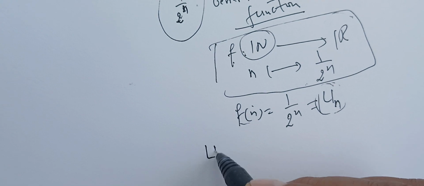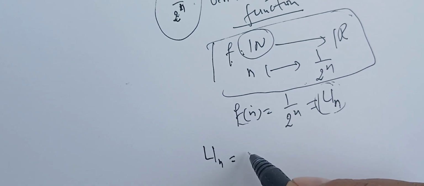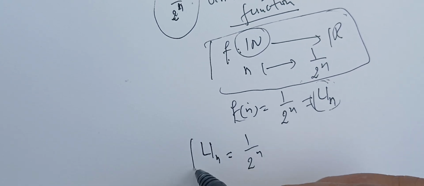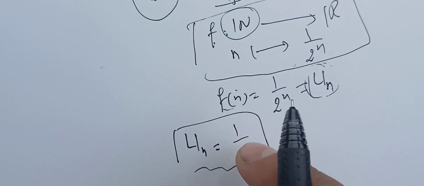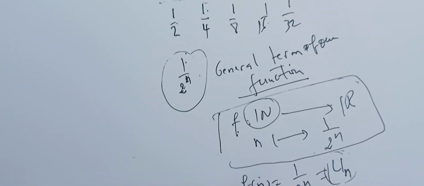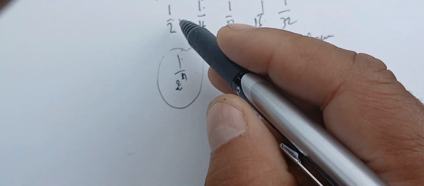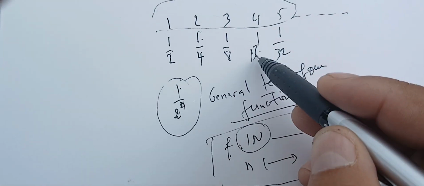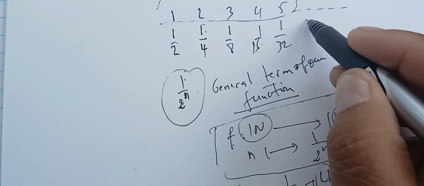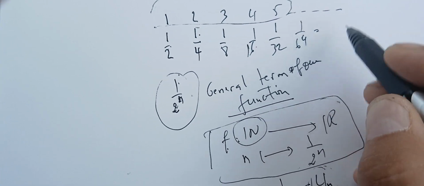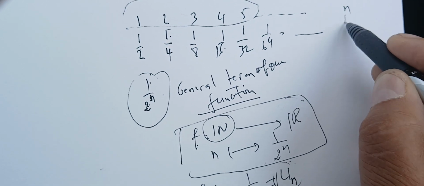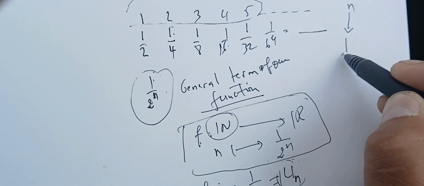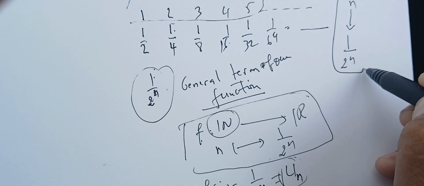So we say that u sub n is 1/2 to the power n. This is our sequence in this case: 1/2, 1/4, 1/8, 1/16, 1/32, and 1/64. And in general, on day n what's left is 1/2 to the power n.